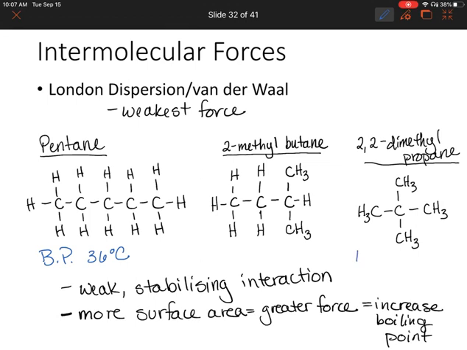And its boiling point is in fact 10 degrees Celsius, so much lower than pentane's boiling point. Now, 2-methylbutane's kind of in the middle. Its surface area is lower than the surface area of pentane, but it is greater than the surface area of 2,2-dimethylpropane. And its boiling point is in the middle at 28 degrees Celsius.